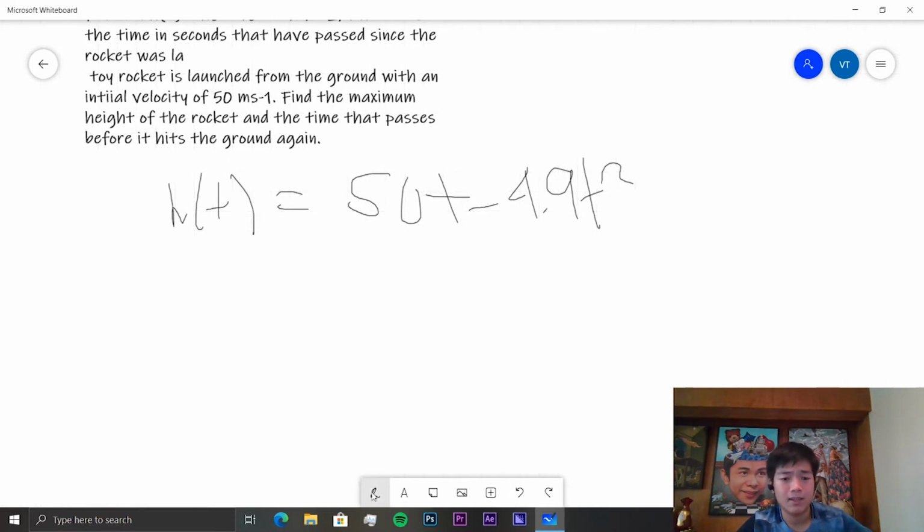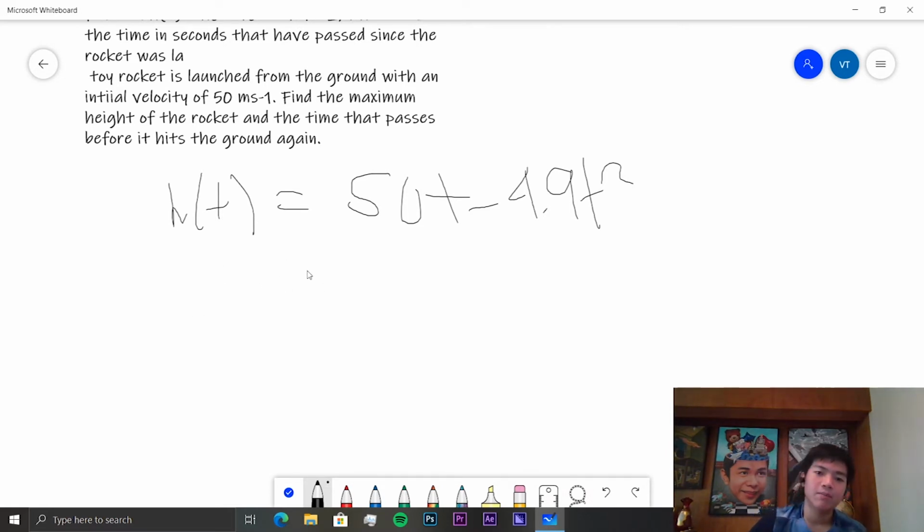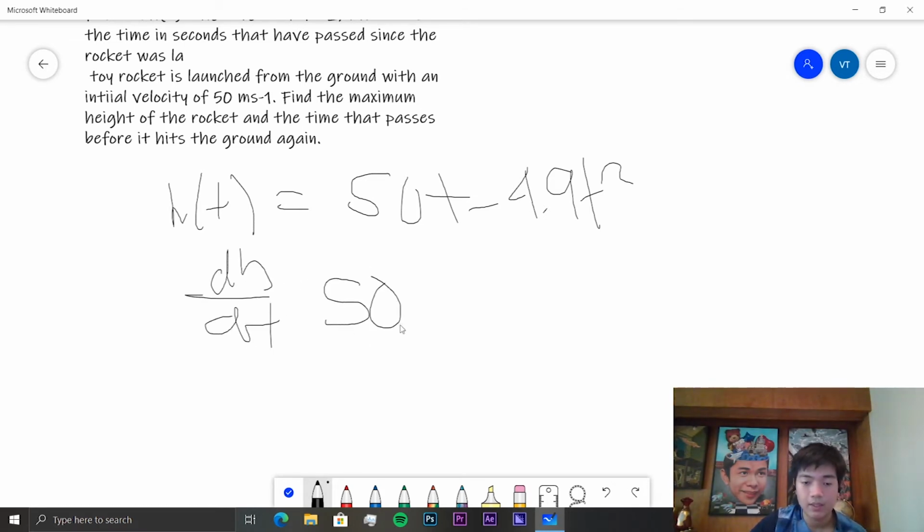Maximum height of the rocket, well, we need to get the derivative of this. So dh over dt is equal to 50 minus 9.8 t.